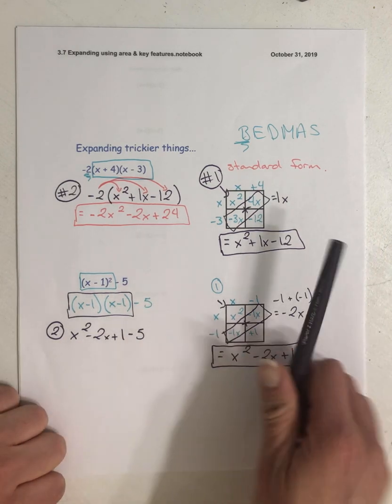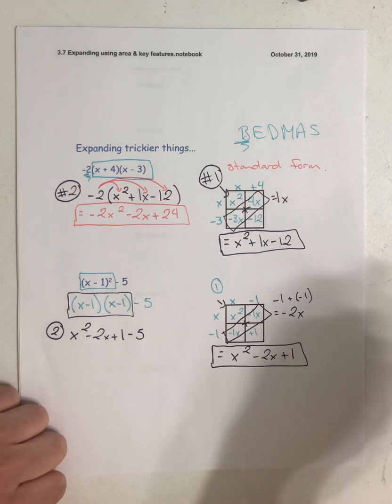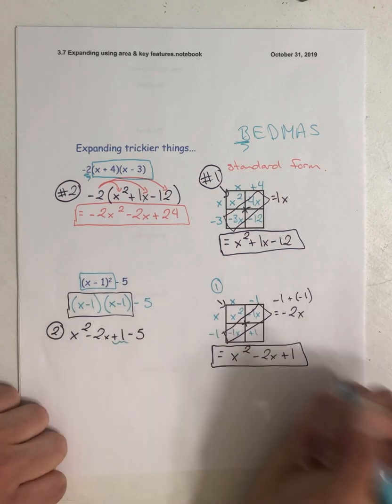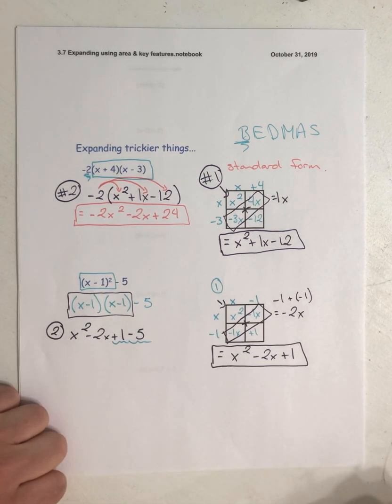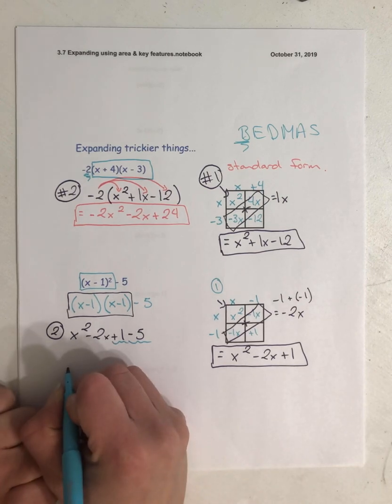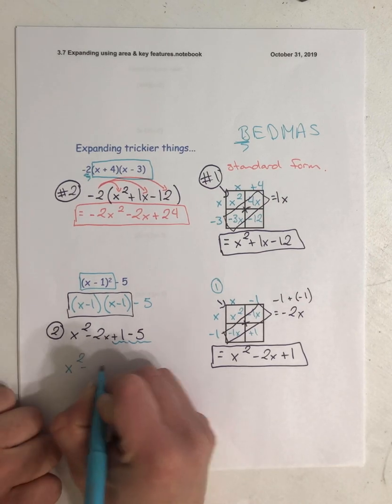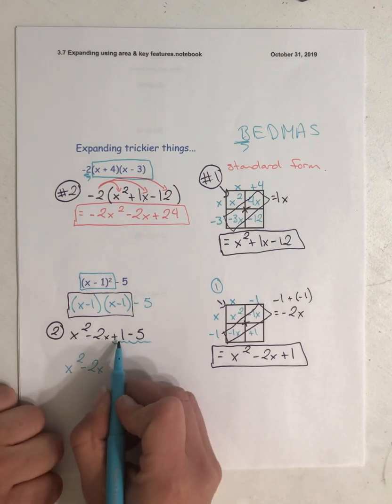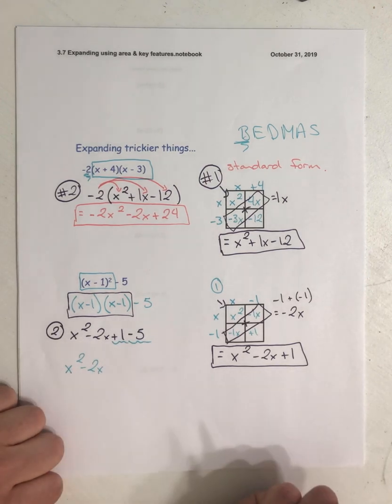So we can take these two numbers, because we have a positive 1 and we have a negative 5, and we just math them out. So we have x squared minus 2x, and then 1 minus 5 gives us minus 4.